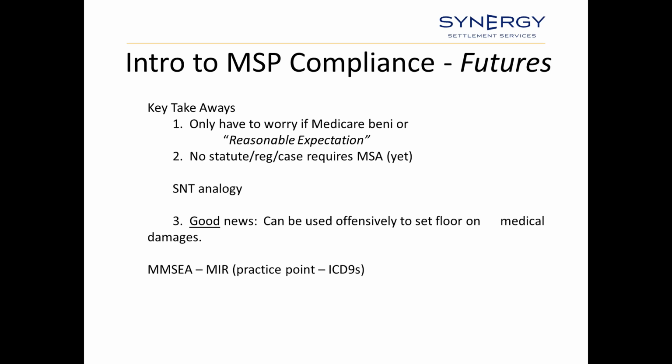And so the issue that can arise as it relates to futures is, say you have an auto case where there's an allegation of neck and back injuries, but throughout litigation, the defense takes the position that the neck is pre-existing and refuses ultimately to pay any dollars for that specific injury, and the case resolves, and the defense reports the settlement to Medicare under the mandatory insurer reporting, but reports the neck and the back.